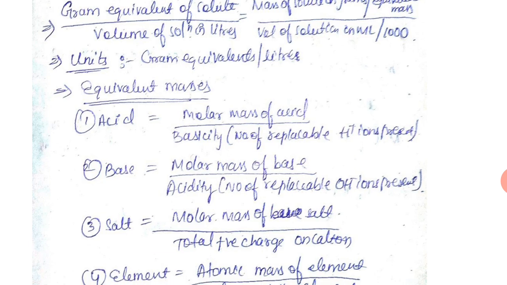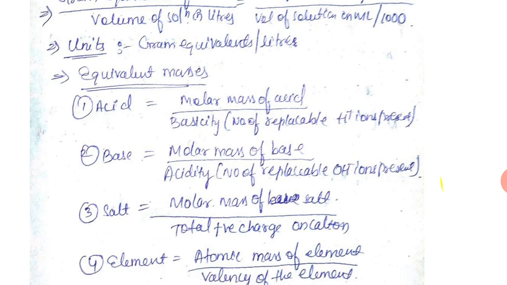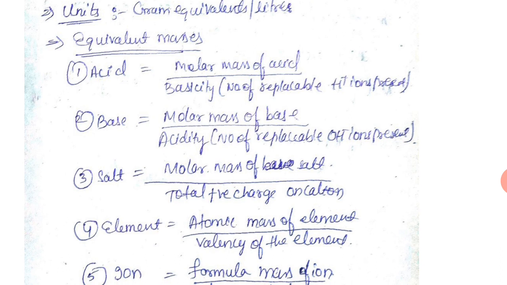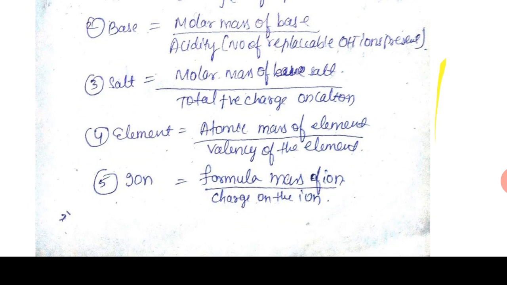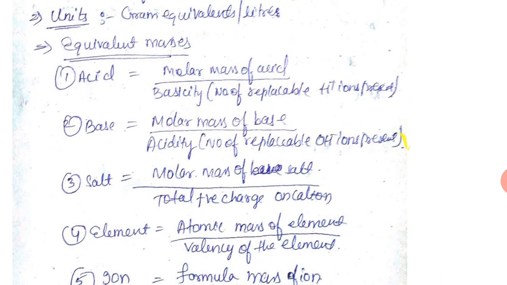So here comes the equivalent mass. The equivalent masses can be calculated as per the categorization, that is acid, base, salt, element, ion. These five are the categories of equivalent mass. So how to find the equivalent mass of an acid? The formula is molar mass of acid by basicity.